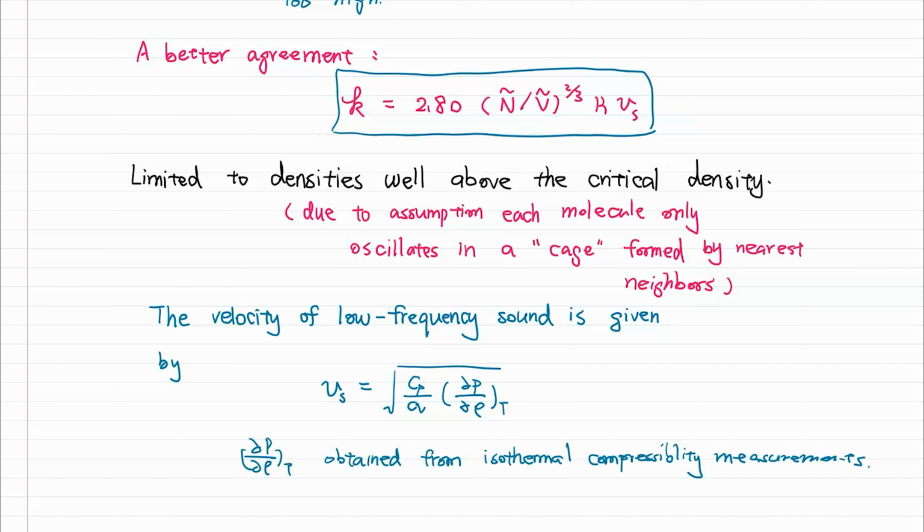Cp to Cv is very nearly unity for liquids, except near the critical point, obviously.